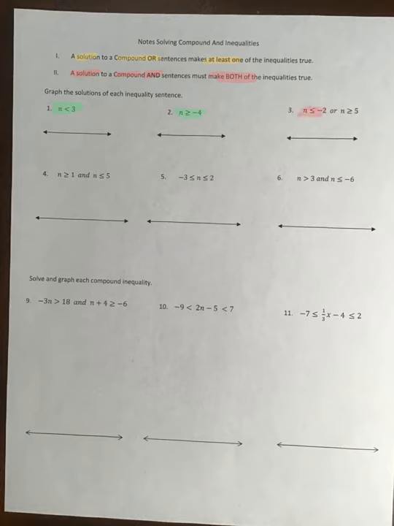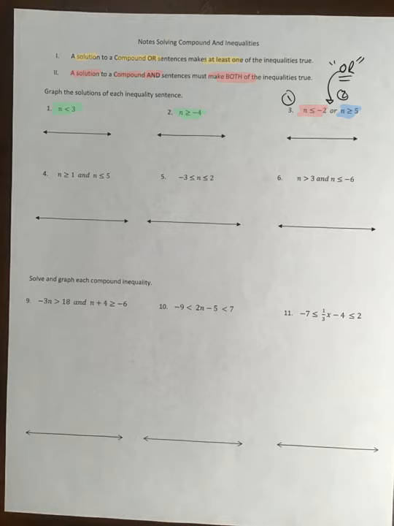So notice we have all numbers less than or equal to -2 or all numbers greater than or equal to 5. That's called a compound sentence because there are two sentences, and the fact that they're joined with the conjunction or means that we call that a compound or inequality.